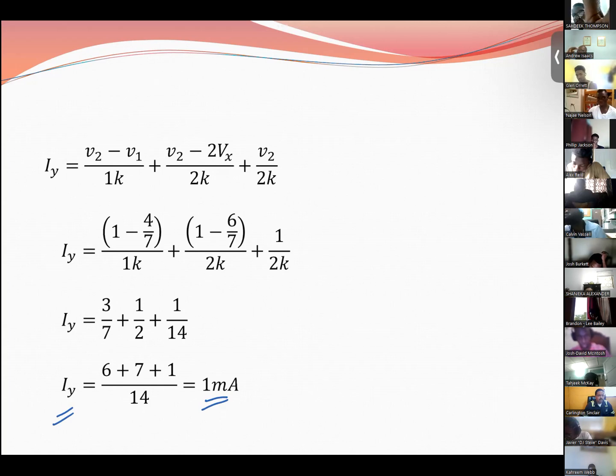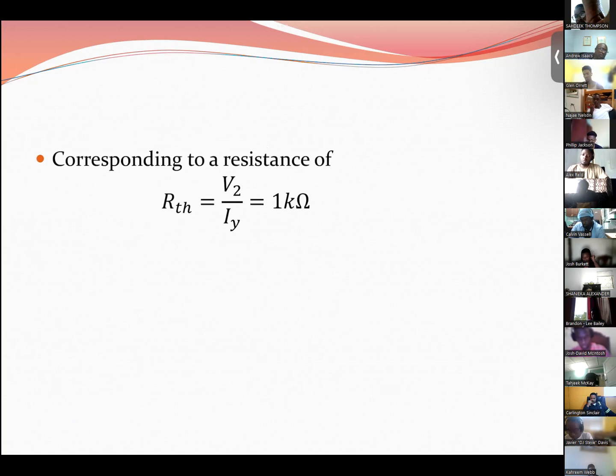So it means, therefore, that this circuit has a Thevenin resistance of 1 kilo ohm. All right, so our Thevenin is 1 kilo ohm.